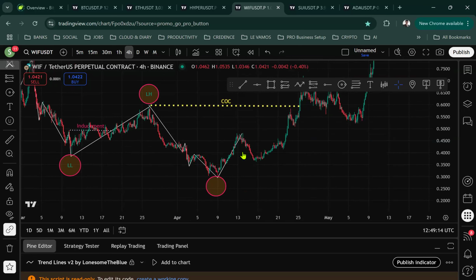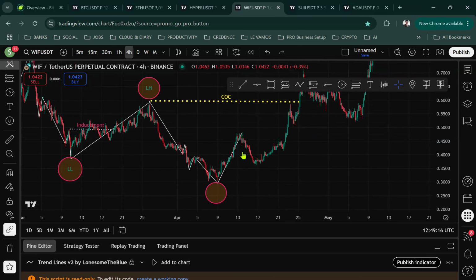You can see the last lower low, price went below it. So now we have a new lower low. Price went below that one, so this is another lower low.